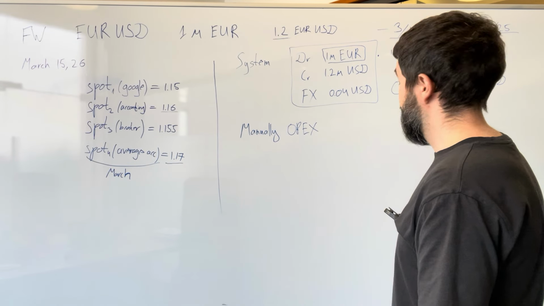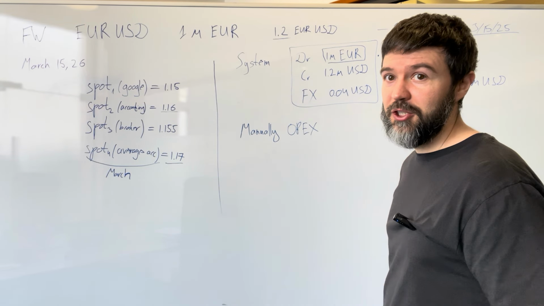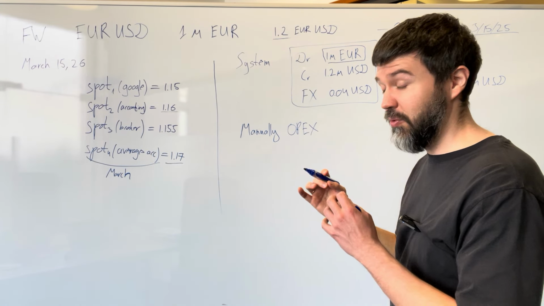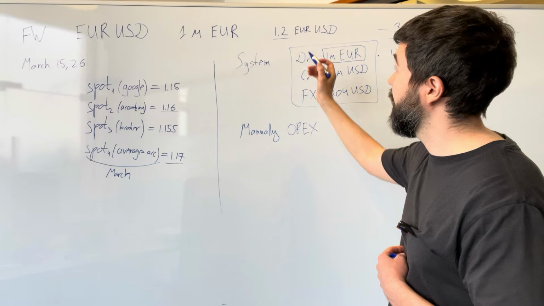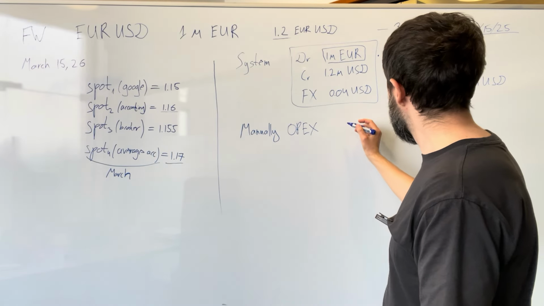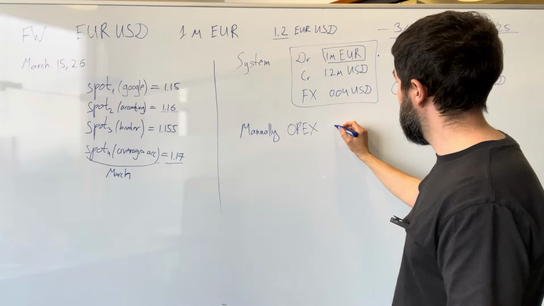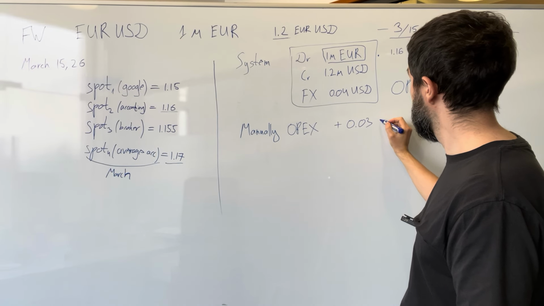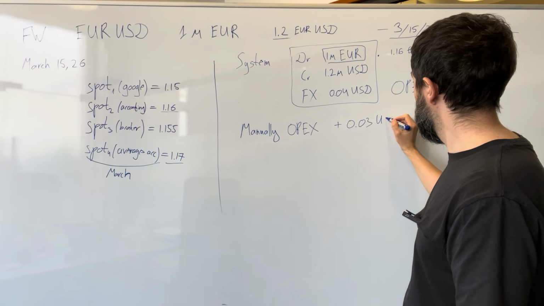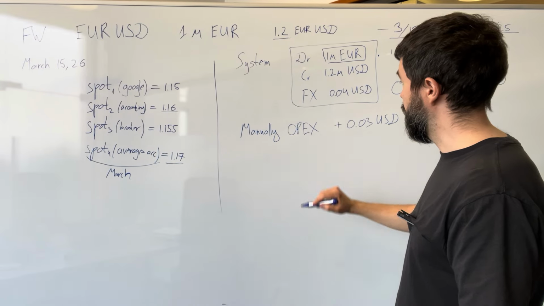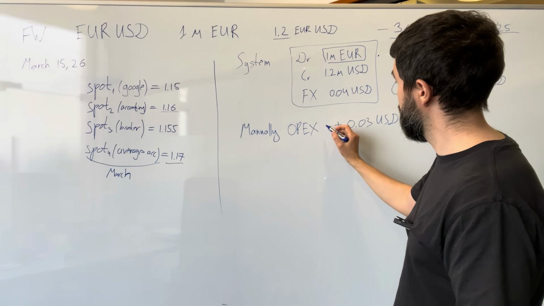That's the soul of hedging. You are not measuring against today's condition. You're measuring against your plan, and your plan was 1.2. So you should add here 0.03 USD, and you do it with correspondence.